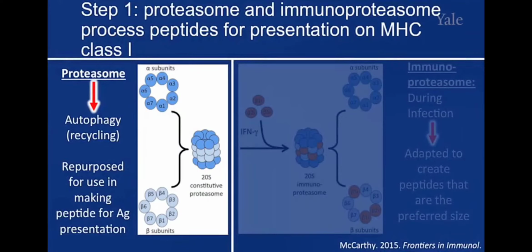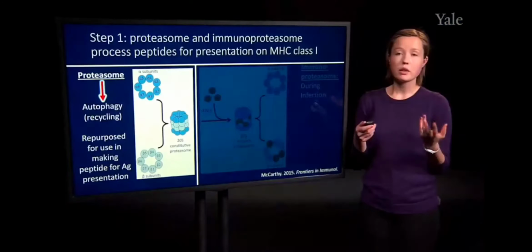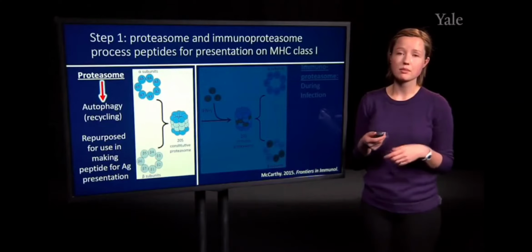But in the case of antigen presentation on MHC Class 1, this process of using the proteasome has actually been repurposed so that we can have the production of these peptides, which will eventually be presented on MHC Class 1.